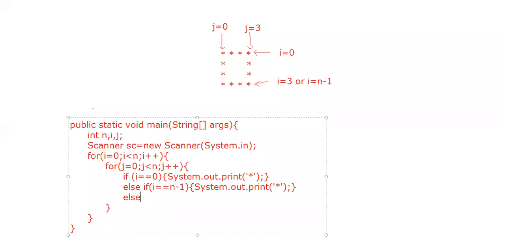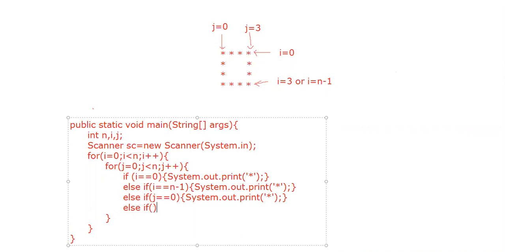That will be if j is equal to 0. So if j is equal to 0, we have to print the star. Notice that I am not changing the line, I am just using the print statement, not println. And finally, if j is equal to n minus 1, we will do the same thing, we will just print the star.